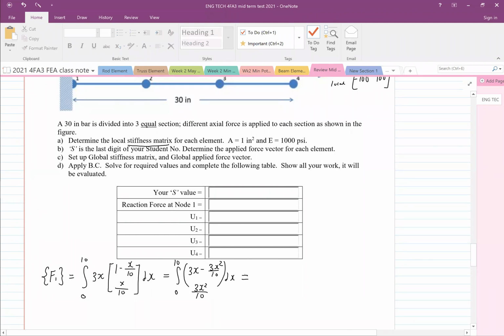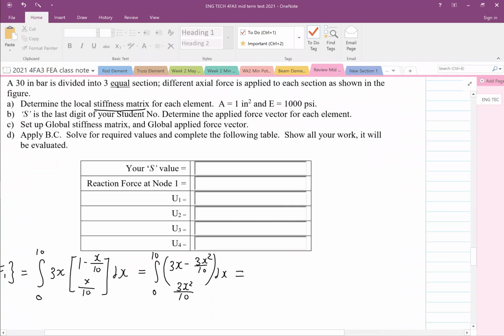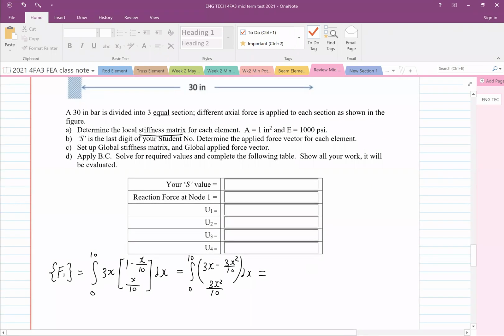The integration for that will be 3x squared over 2 minus 3x cubed over 30, from 10 to 0.